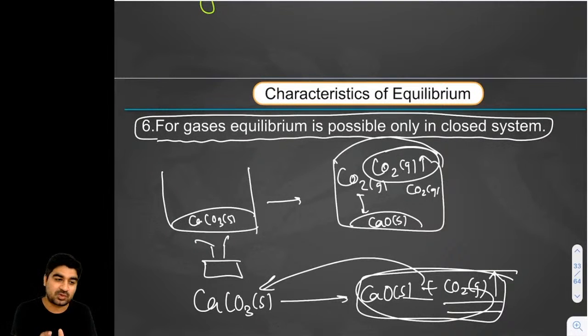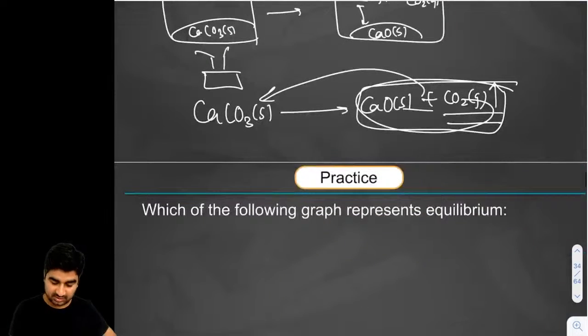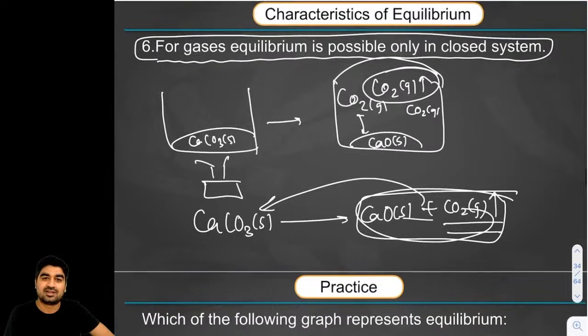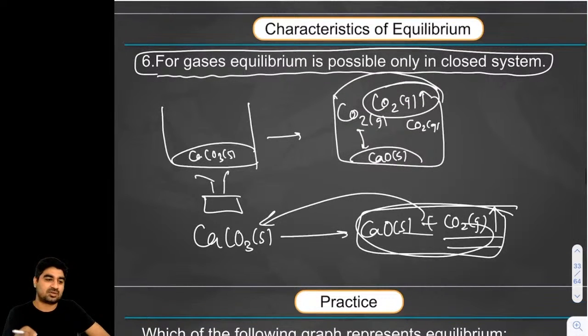So if you want to achieve equilibrium, the container has to be closed. Note it down, guys. If your container is not closed, then equilibrium cannot be achieved. So in case of gases, equilibrium can be achieved only if the container is closed.